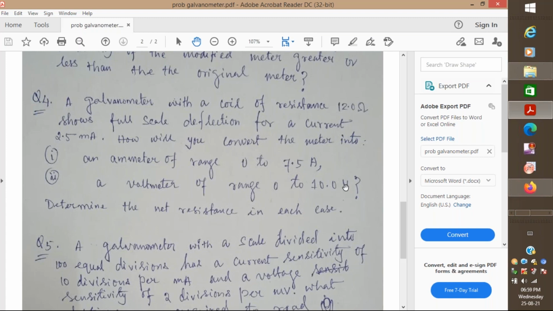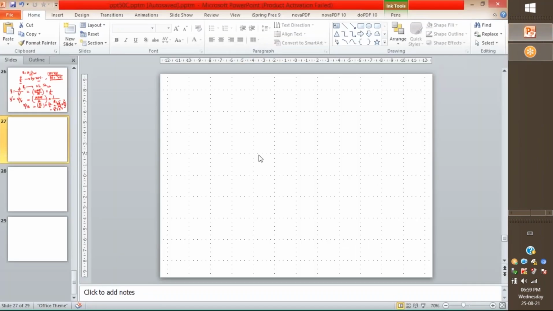Okay, so I just write this information here. See, there is a galvanometer.